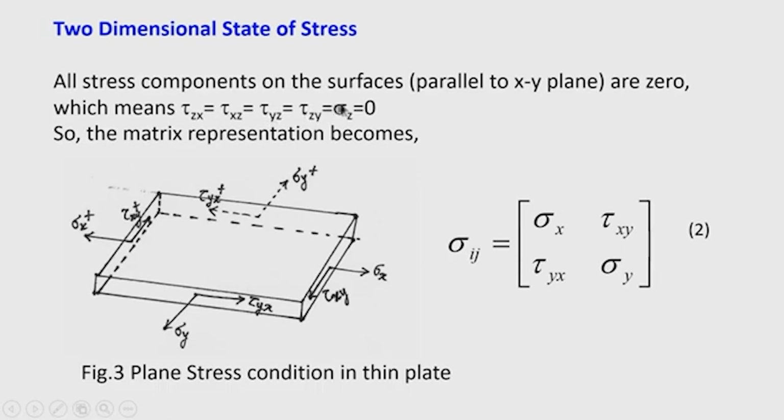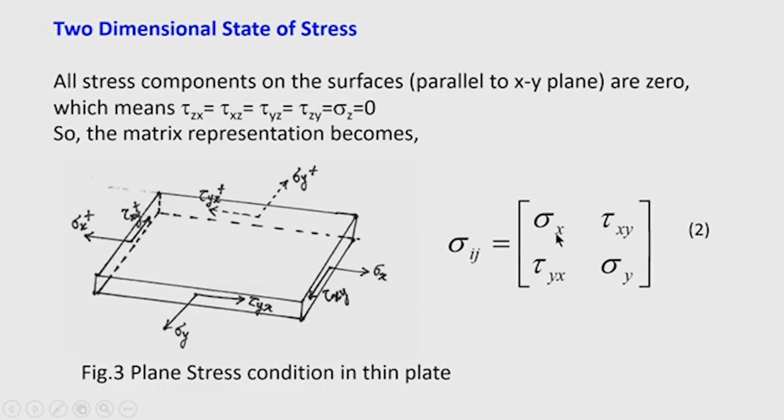So, these quantities are treated as 0. So, this is a very important assumption in case of plane problems, that is plane elasticity problems. So, matrix representation becomes simpler. In case of 3D elements, we require 9 components of stress to write the matrix. Now, here we will write the matrix in 2 by 2 form.